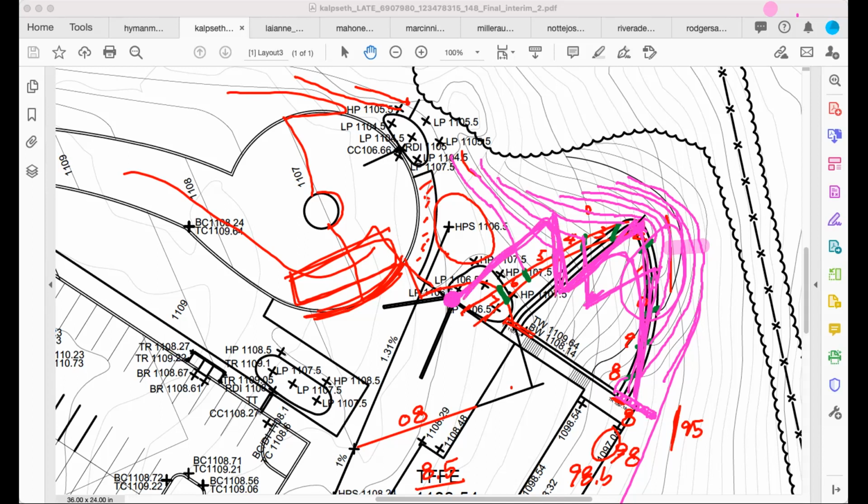Once I get to here, if I can get to 98, even 0, I should be better off coming down. You might not even need to go down to there. I think you may be able to stop right here and get to 0 at about this location, and then come down like that.